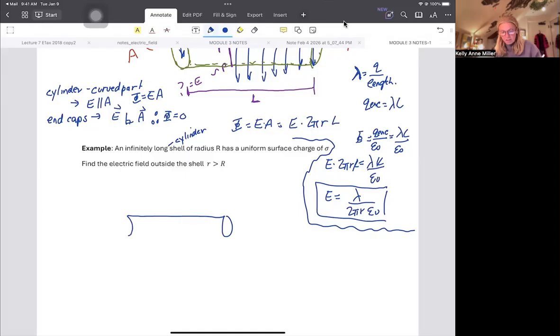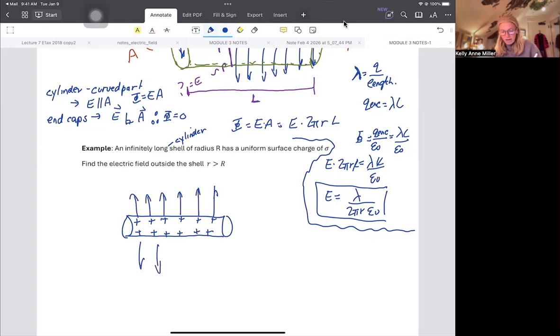I'm just going to draw a segment of it. And the charge is all over it, right? It's a surface charge, so it's all over the surface. So the field is going out. I'm just going to draw it in 2 dimensions because I can't do it in three.